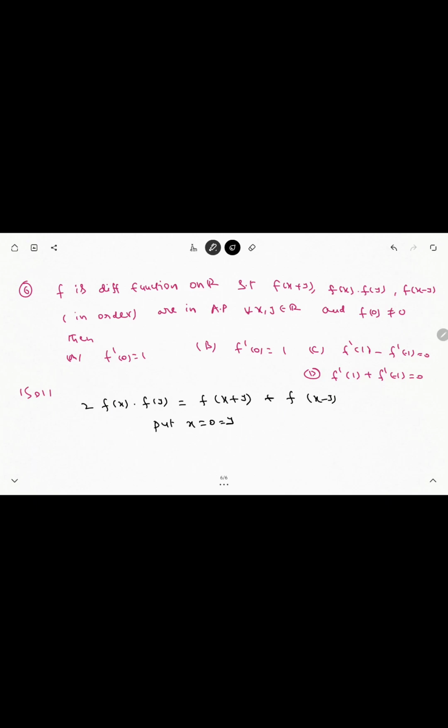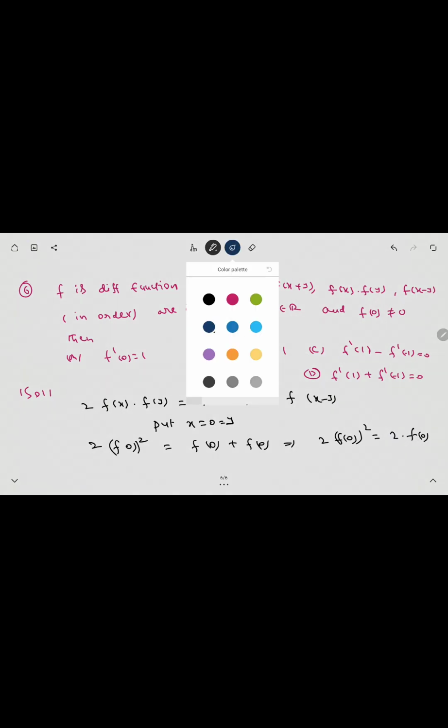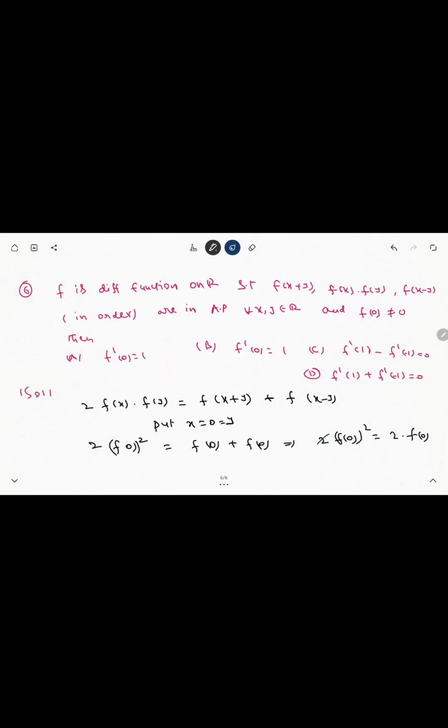We are getting 2 into f of 0 whole square, because f of 0 into f of 0, and on the right hand side 2 into f of 0. So go for cancellation, because non-zero terms can be cancelled. It is given already. So f of 0 must be 1. It is point number 1.